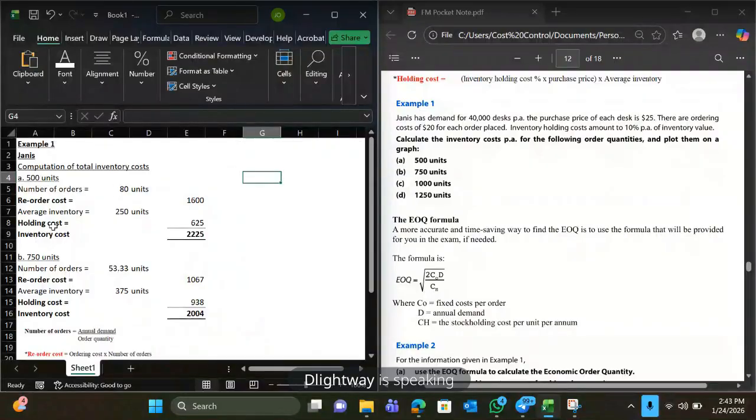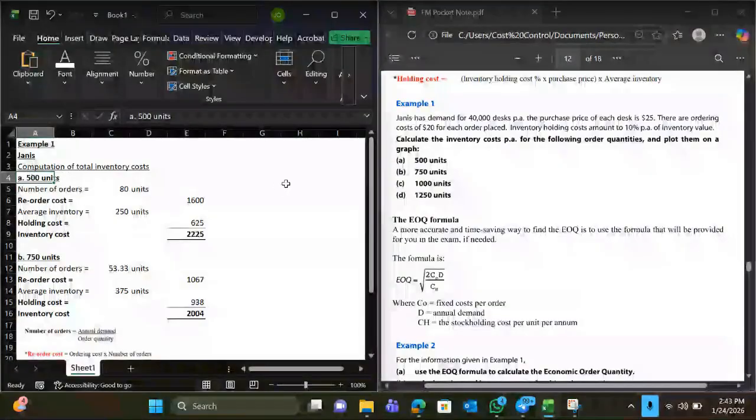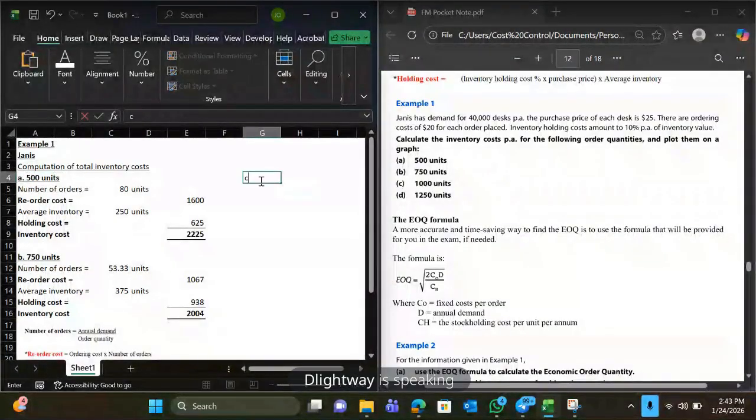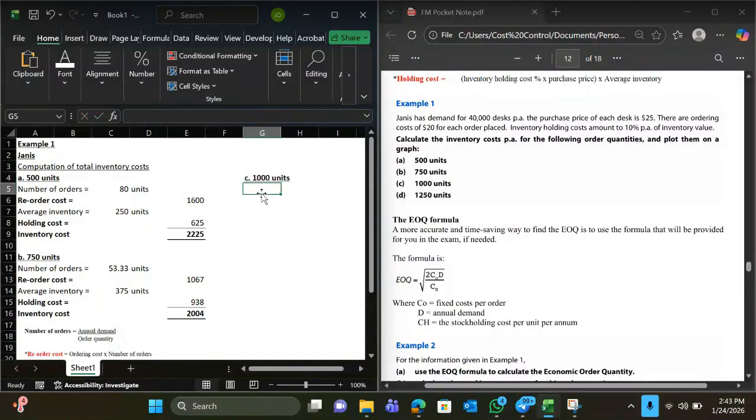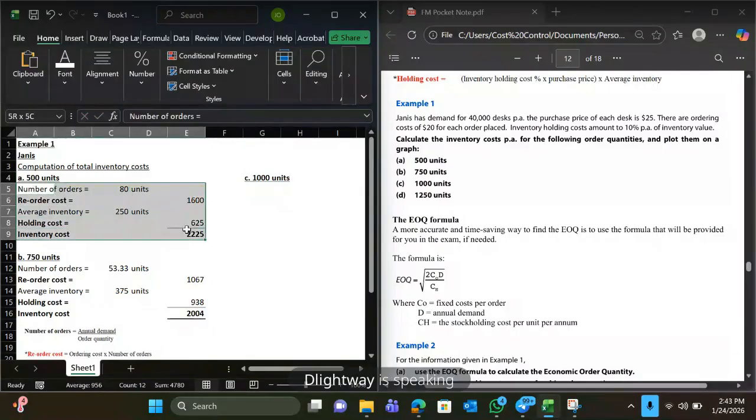For the next one, C, 1,000 units. We do the same thing we've done.